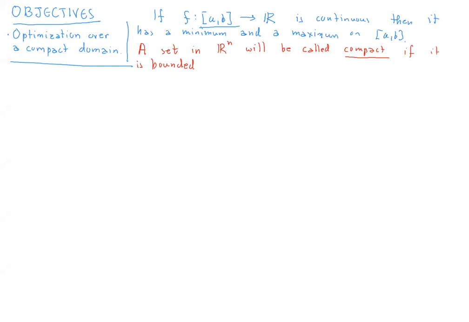And it contains its own boundary. In the language of simple topology, I should say, this property of containing its own boundary is called being closed.